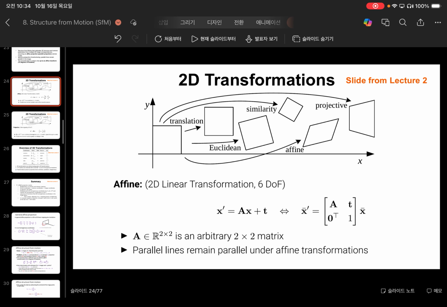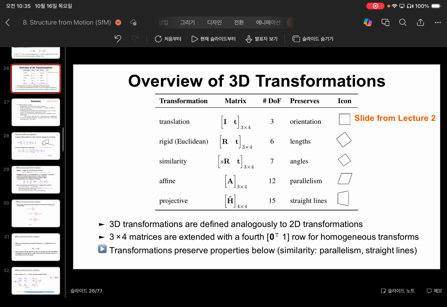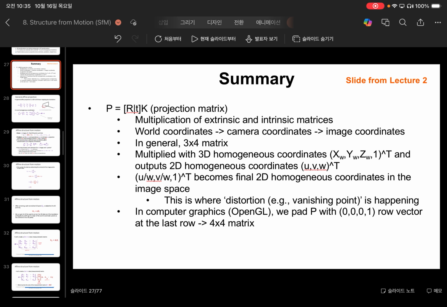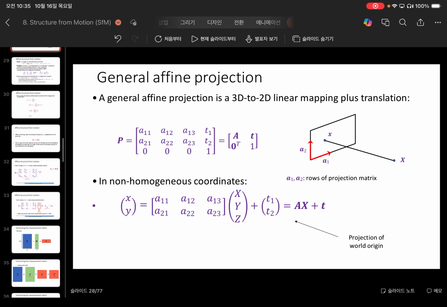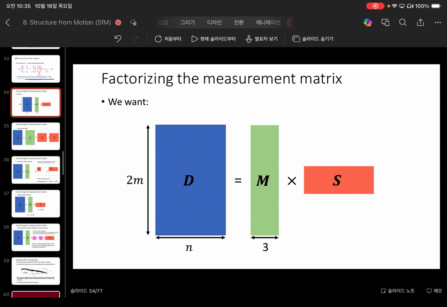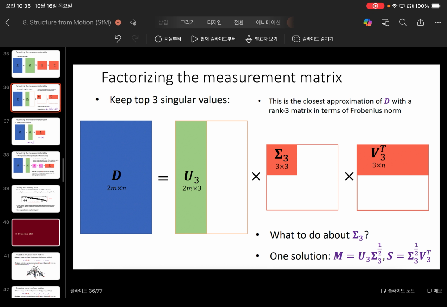So there's a recap: affine, projective, and these are some degrees of freedom in 3D transformation. And the projection matrix is just a multiplication of extrinsic and intrinsic camera parameters. And so we tried SVD, right? We tried SVD to decompose the measurement matrix D, just 2D coordinates across multiple images.